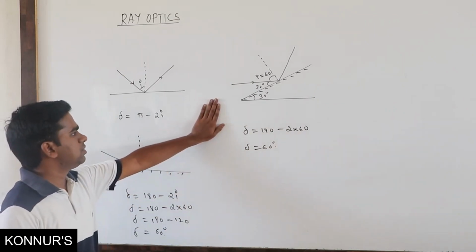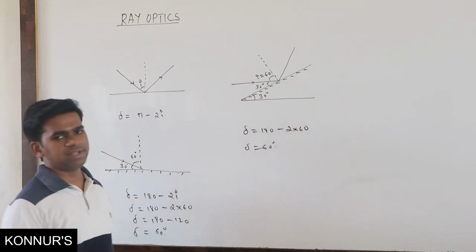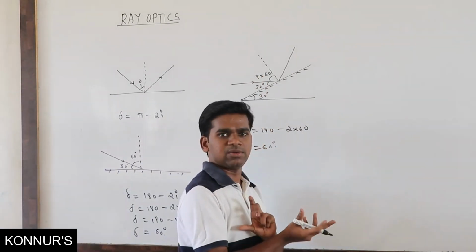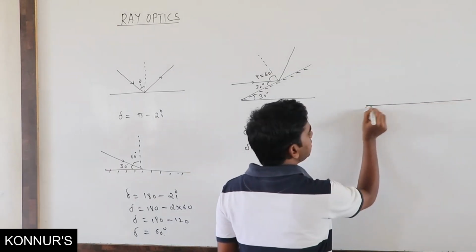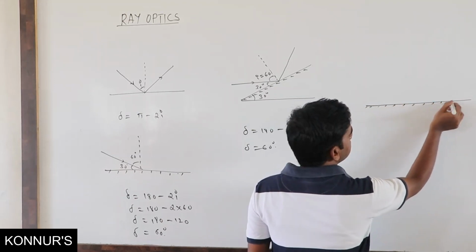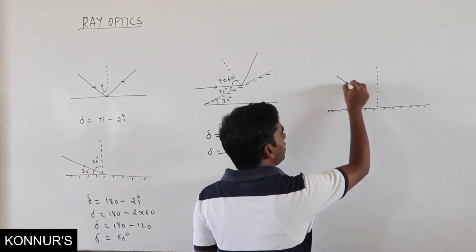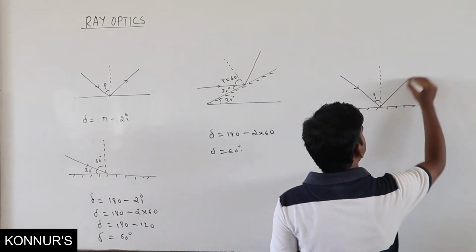Okay. So if here they change the angle of incidence. Suppose instead of this, we rotate the mirror only. Suppose this is the mirror, so the normal drawn is here. If the angle of incidence is I, the reflected ray is going to be here.